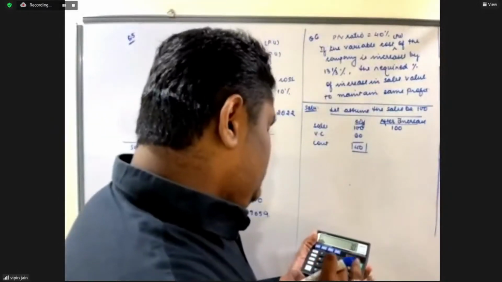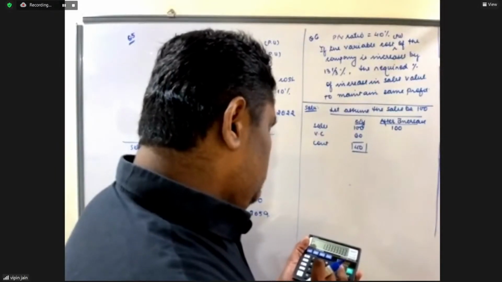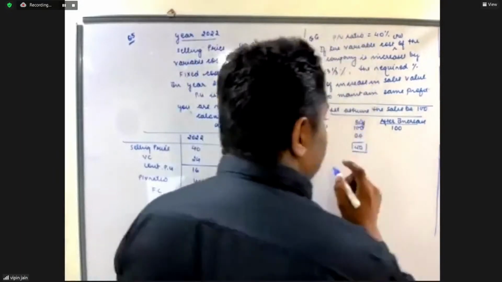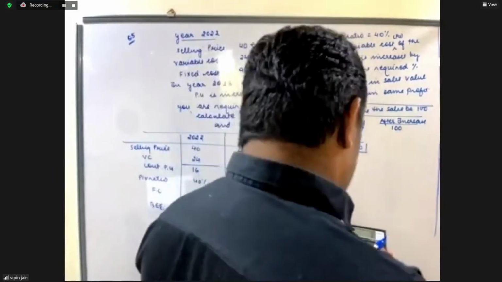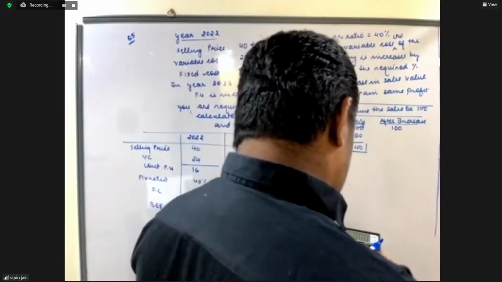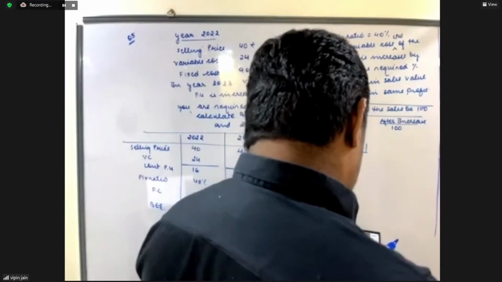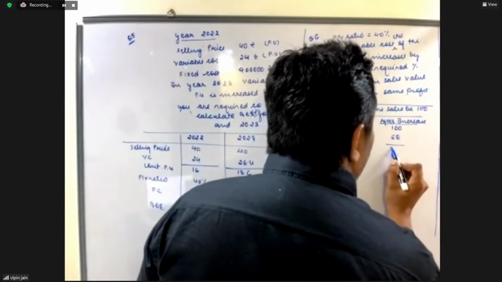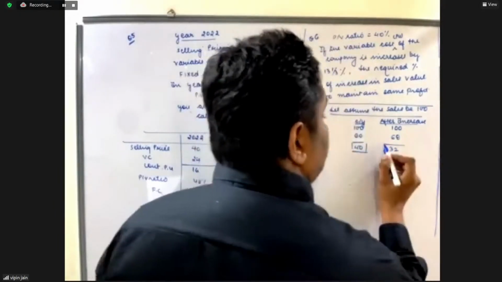That is 60 plus 13.33, so this will be 68. So my contribution will be 32.